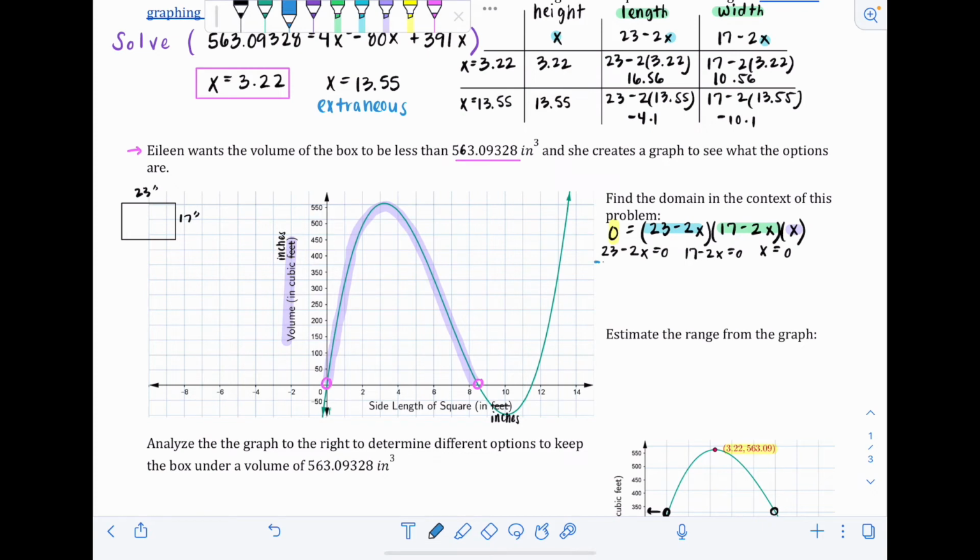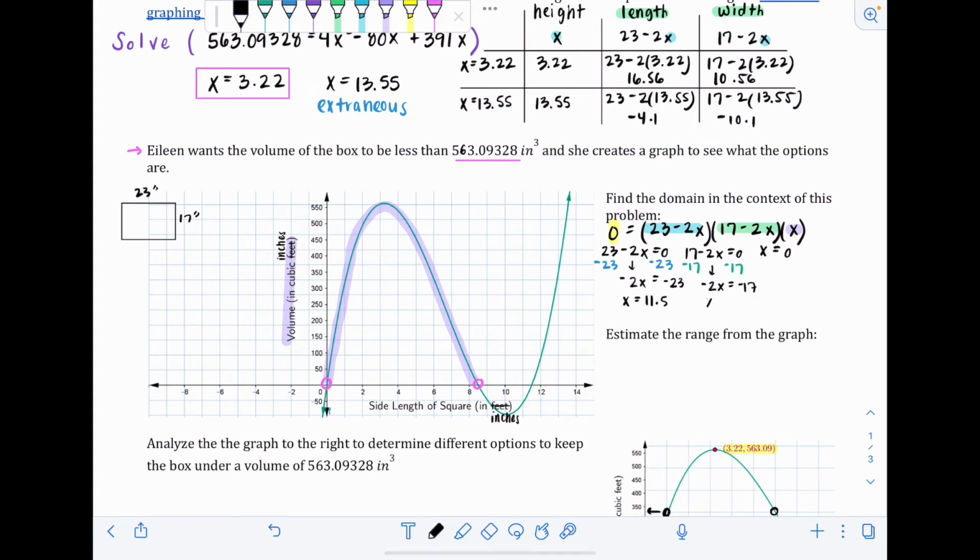For this one, I would subtract 23 from both sides. I bring down the negative 2x, and then equals 0 minus 23, so negative 23. If I divide both sides by negative 2, I get x equals 11.5. For the second equation, I would want to get x by itself, so I would subtract the 17 over. I would bring down the negative 2x, and then 0 minus 17 is negative 17.